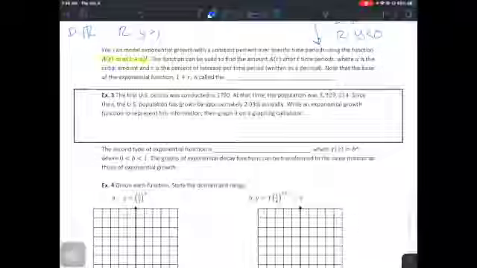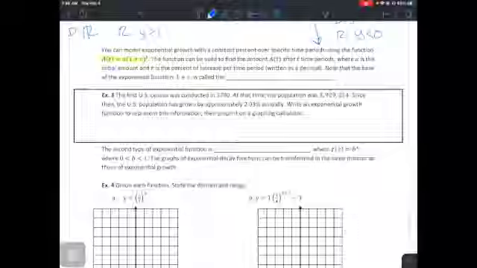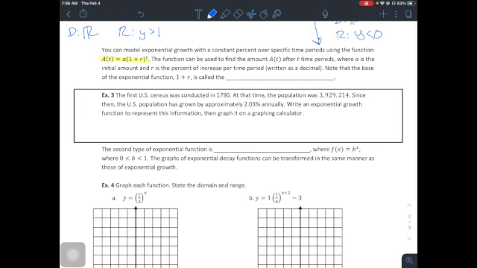If you want to use y equals a times 1 plus r to the t power, that's fine. But the lowercase a is the initial amount. So whether it's a bacteria that you started with or money or anything like that. R is a percent of increase. It has to be written as a decimal. So 5%, 0.05. And then the base of our function is actually that whole quantity of 1 plus r, and that is the growth factor.